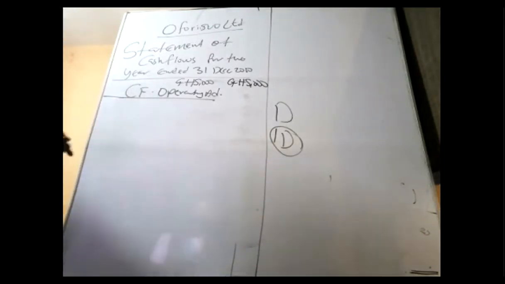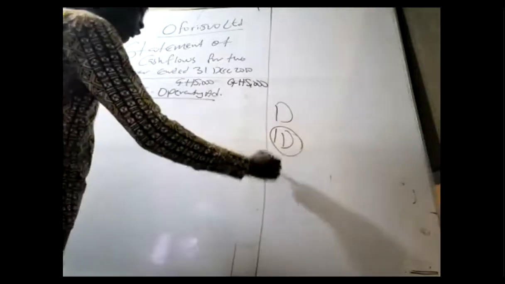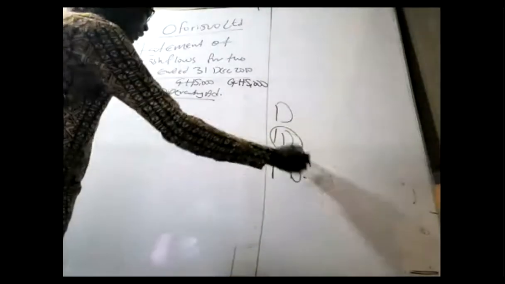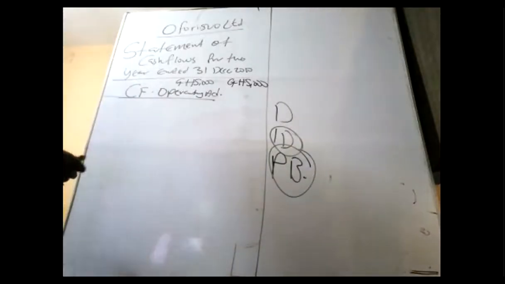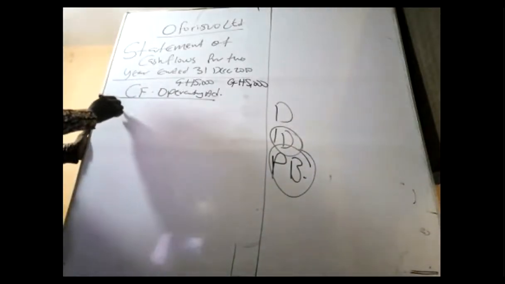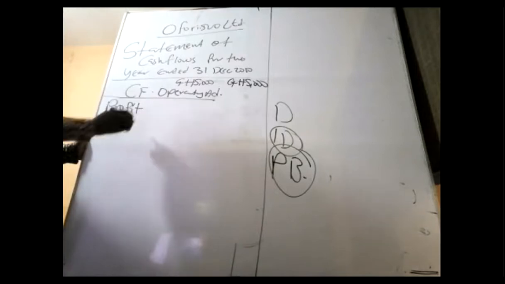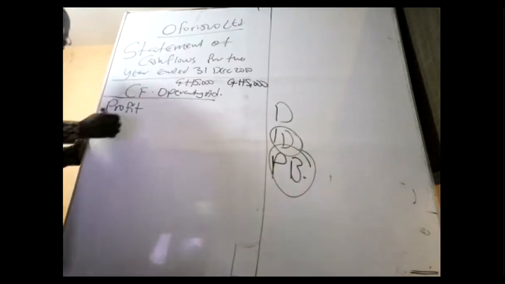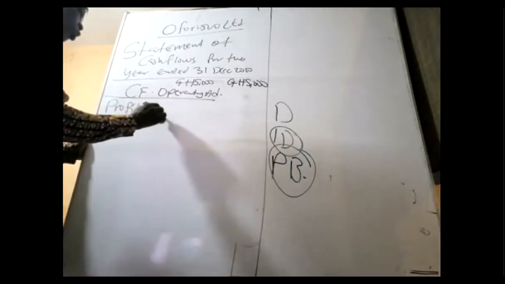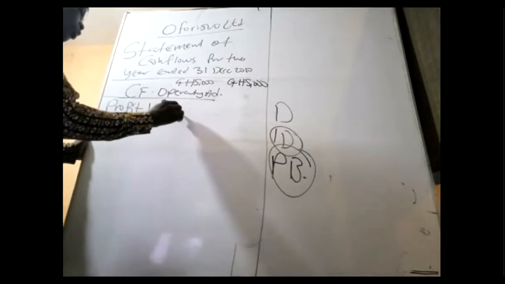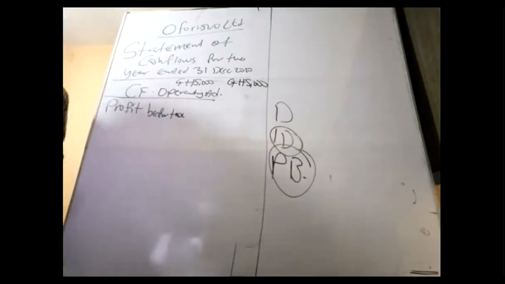Now, for the indirect method, we start from profit. Start from profit before tax. So go to the question.